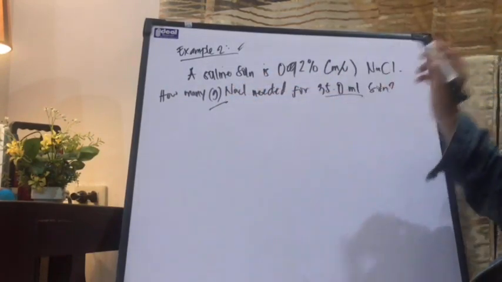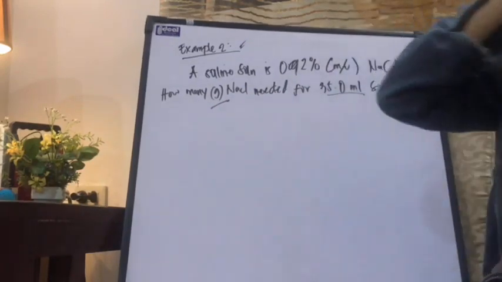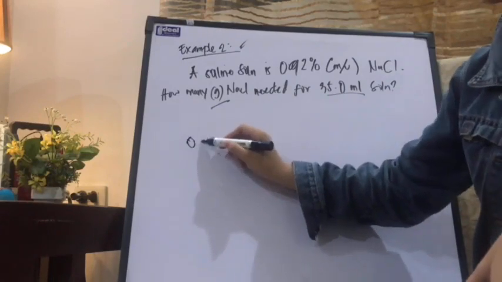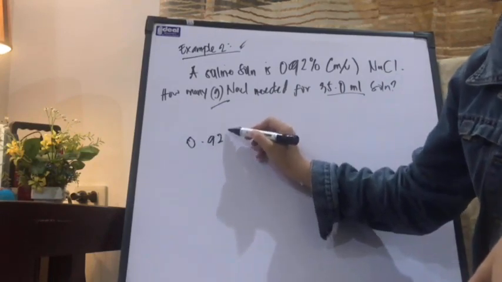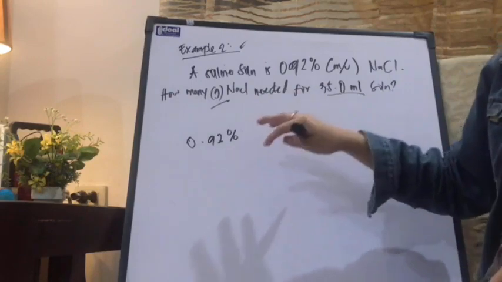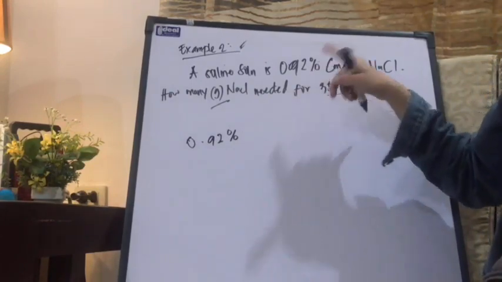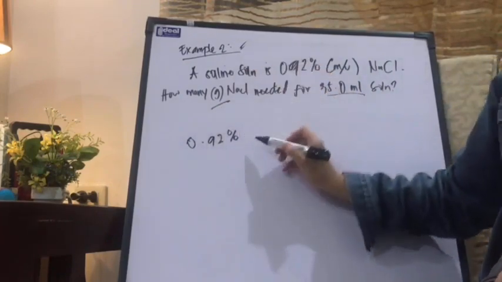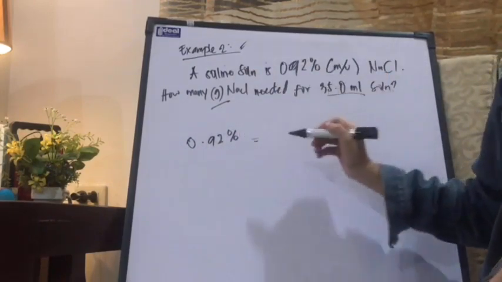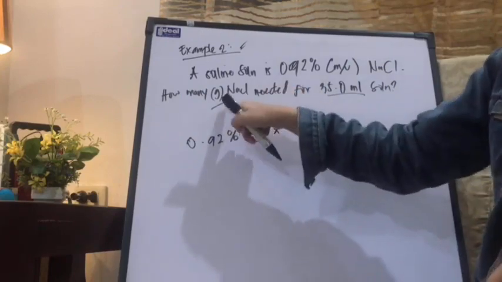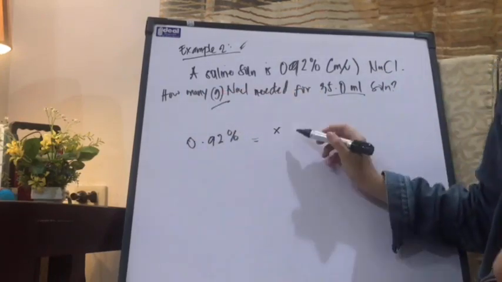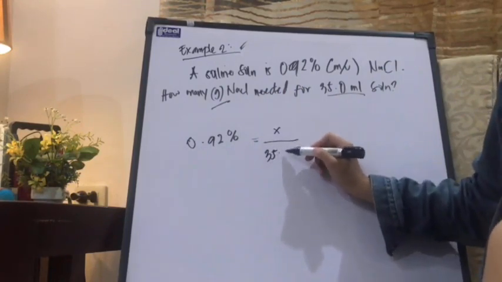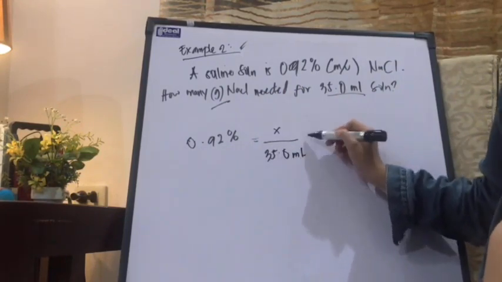This is how it is computed. 0.92% because it is given. And since this one is missing, it equals x because this is the one we're looking for, over 350 milliliters.